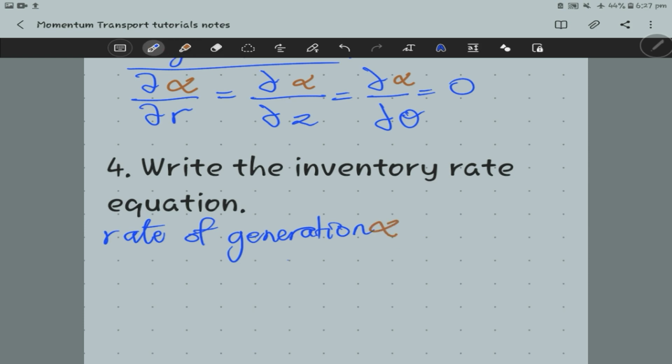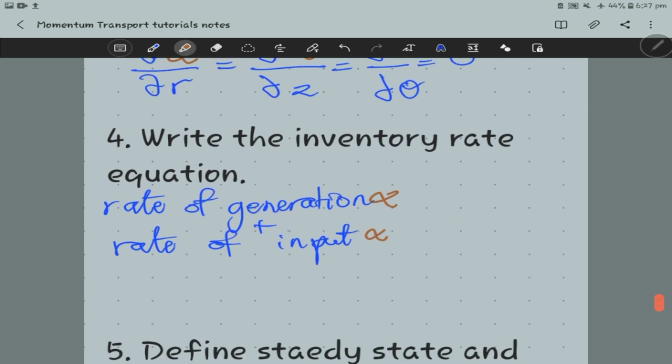So rate of generation is a plus, and we have a rate of input of the conserved quantity alpha, right?